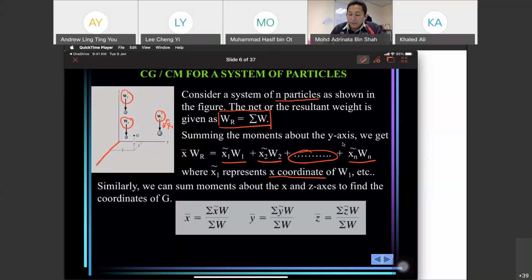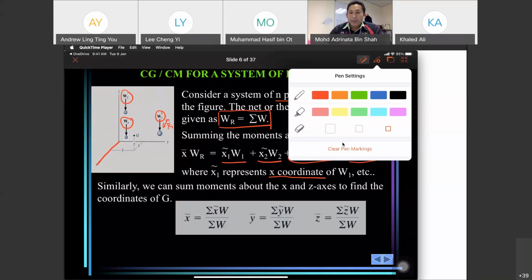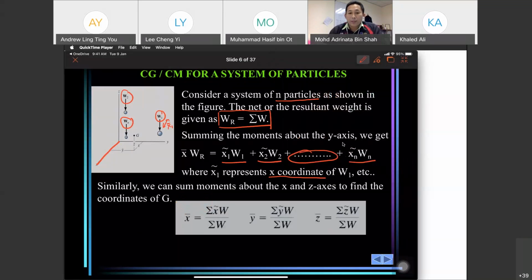The location of our centroid in the x direction is x bar, where the summation of x times the weight is divided by the summation of the weight.